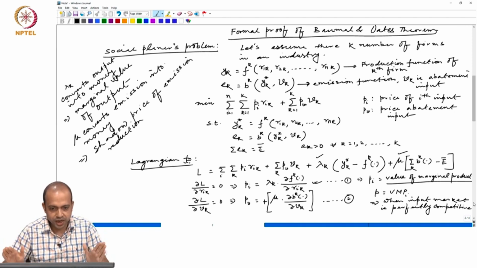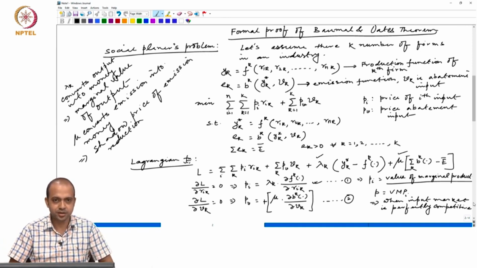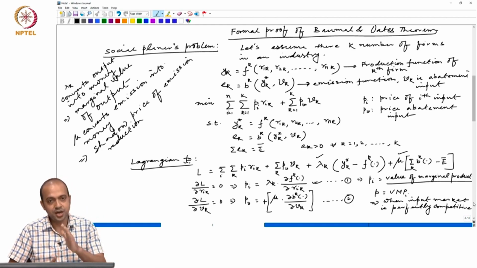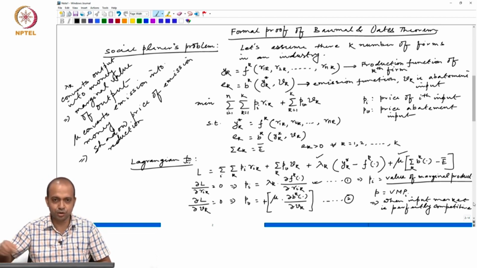So, this entire story explains how a tax rate set at a level which achieves the targeted level of emission reduction does so at minimum cost. That is what Baumol noted long back, that if T equals T star, at which each firm in an industry equates their marginal cost of abatement, T equals MAC A equals MAC B equals MAC C dot dot dot MAC N, that is basically the cost minimizing condition, and this is the formal proof of that, right.